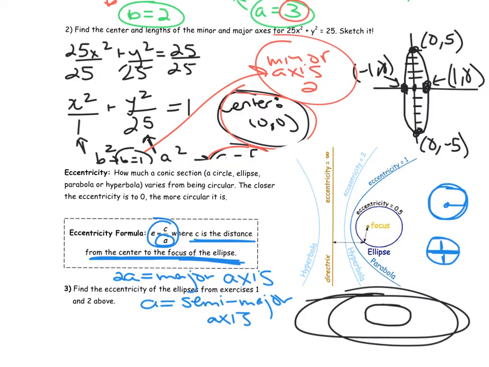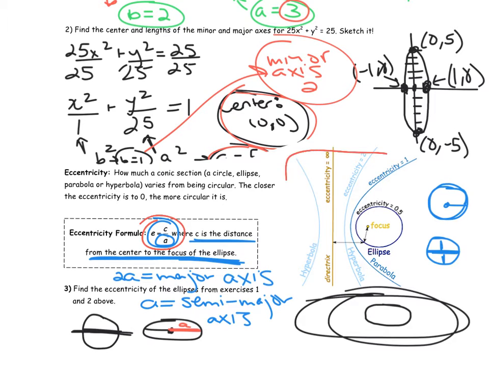Think of it like a circle and a semicircle. If you have a full circle, a semicircle is just half. So you cut it in half. Here's the major axis, but I want the semi-major axis, so I'm only looking at half. That would be my A value. Okay, so now that we have that terminology locked in, let's take a look at some practice problems that include eccentricity.